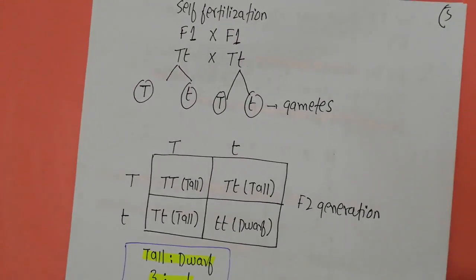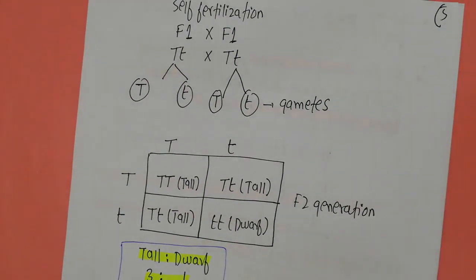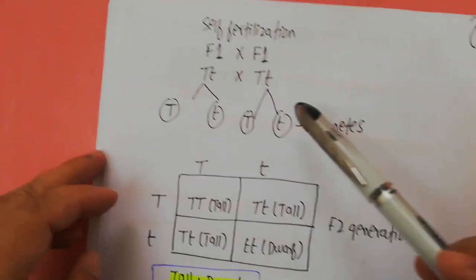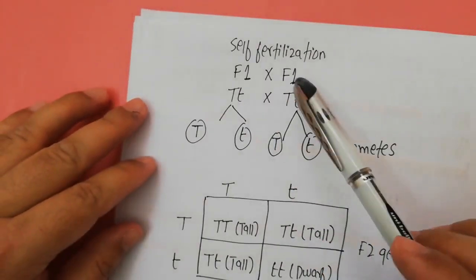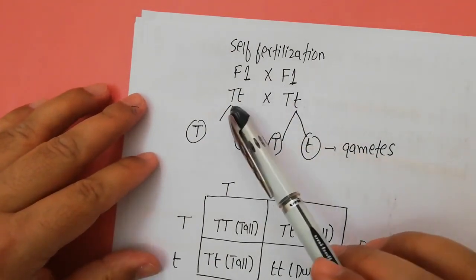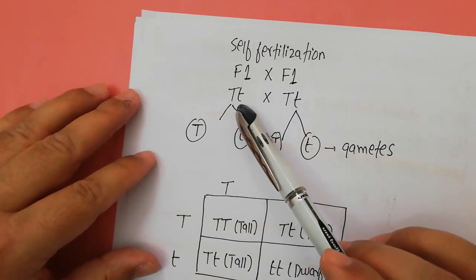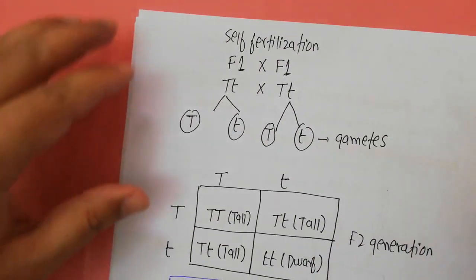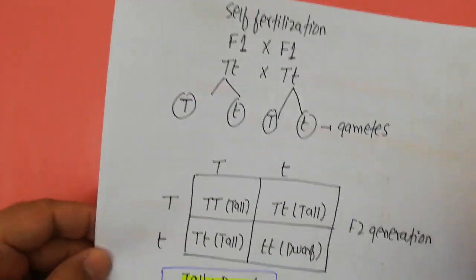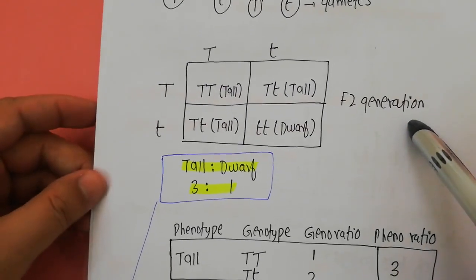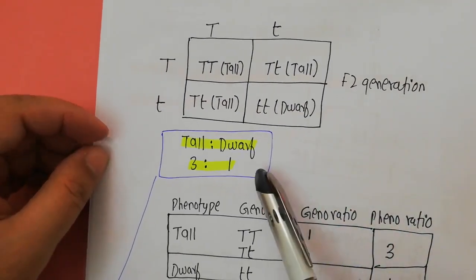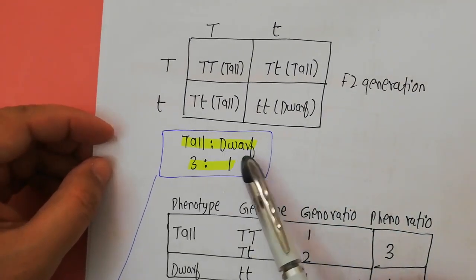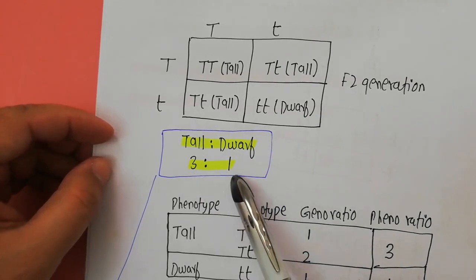What Mendel did next was self-fertilization: he crossed the F1 with the F1. That means the tall plants that he got in the F1 generation, he allowed to self-fertilize, and by doing that, when he got his F2 generation, he deduced that the ratio of tall to dwarf was 3:1.